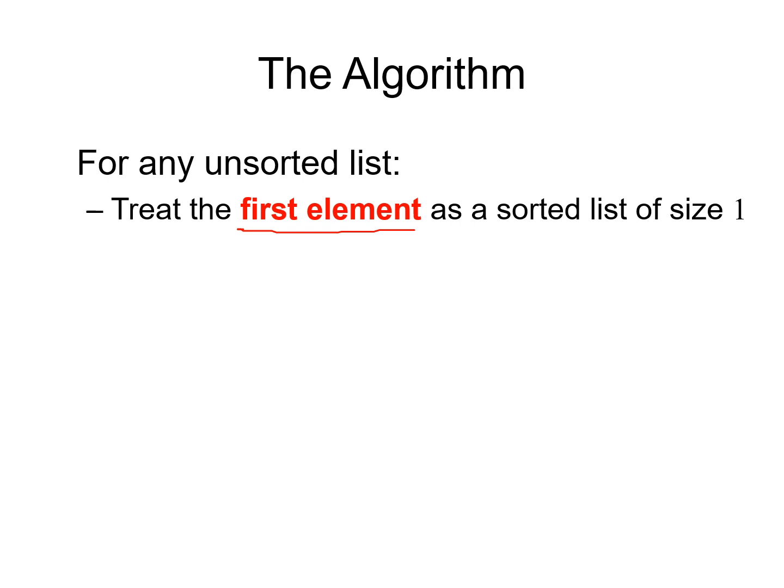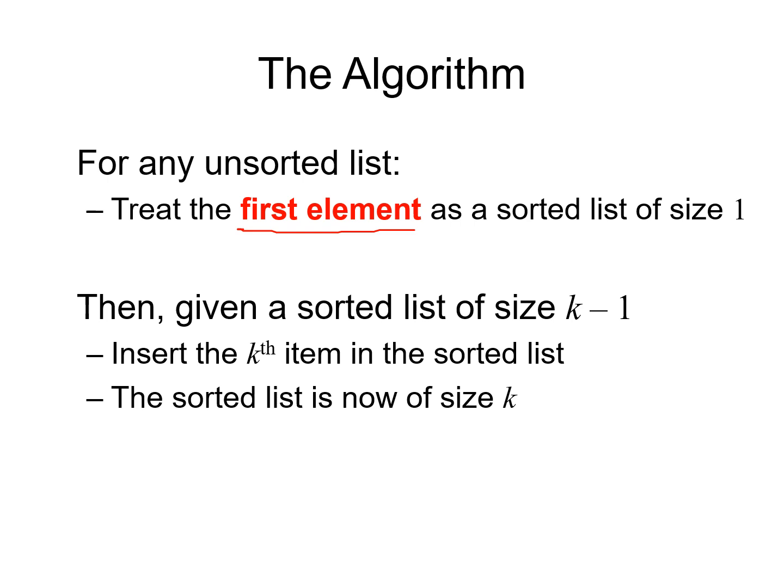One element will always be in sorted order. Now consider the remaining k minus 1 elements as unsorted elements that you need to add to the sorted list, so that you can make the list of size k.